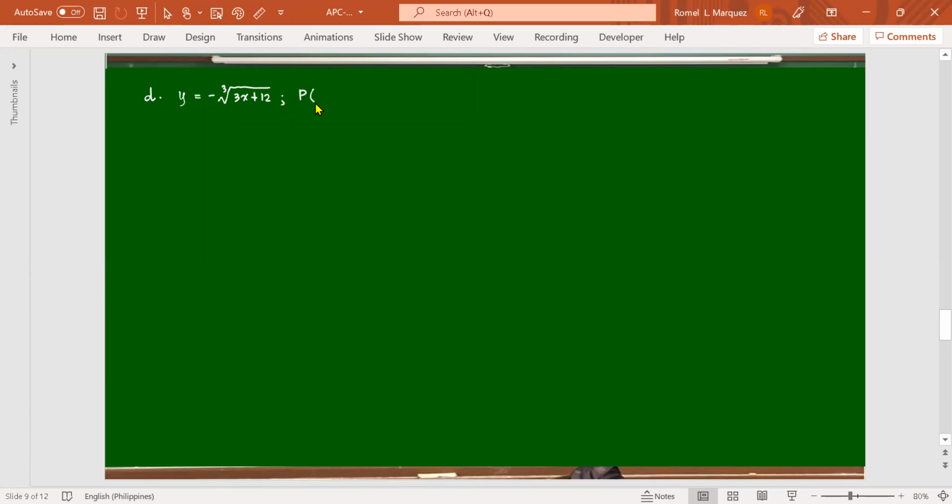What's the point? 5, -3. Can anyone check this? Could you please check, guys? 3 times 5 plus 12, 27. What's the cube root? 3, the negative. Okay. Let's proceed.